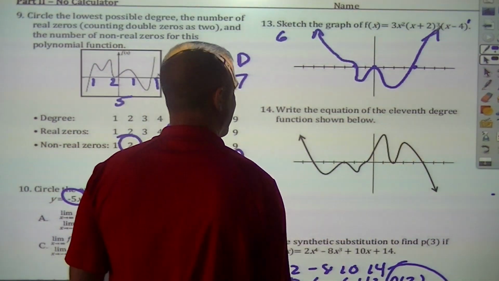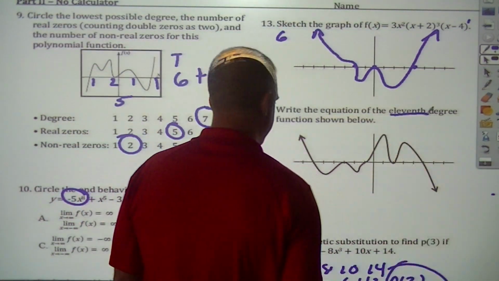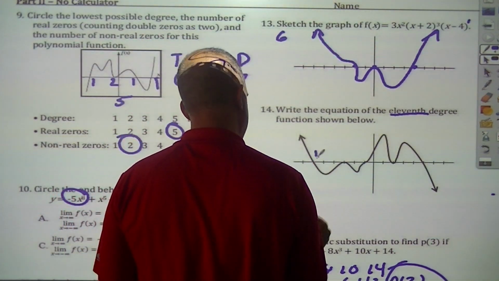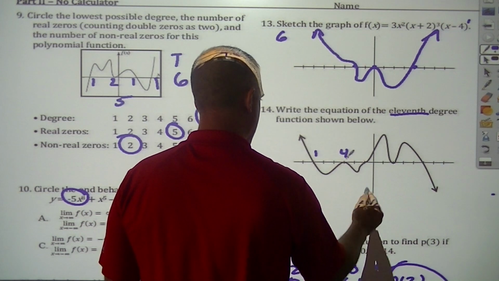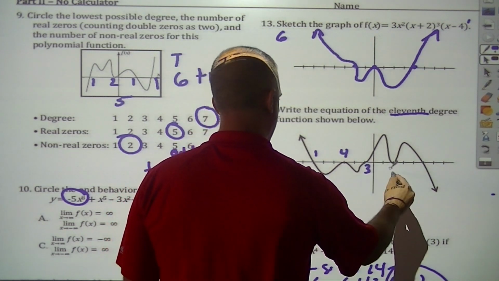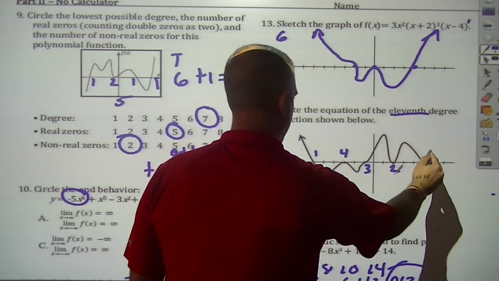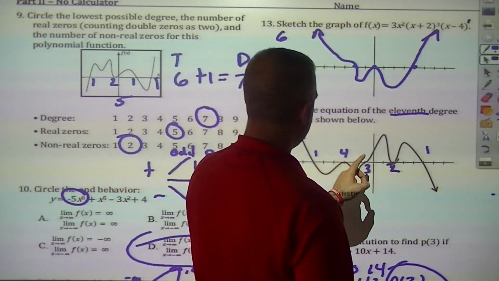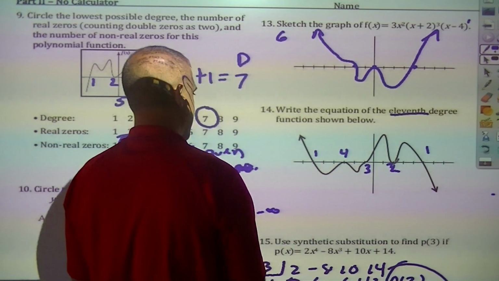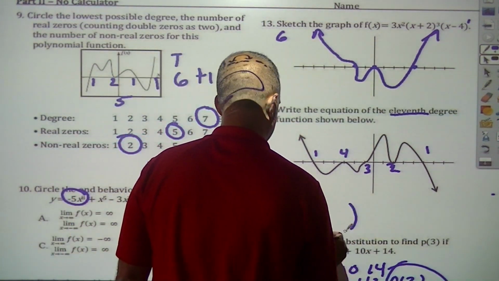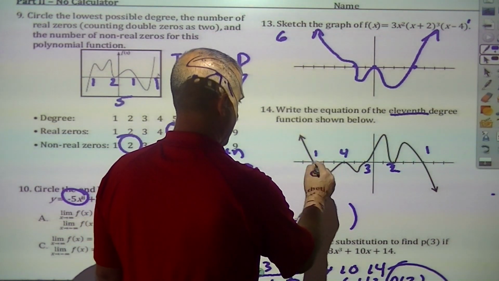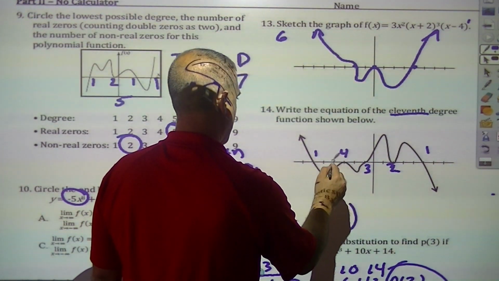Write the equation of the 11th degree. What this would count for is 1, 4, 3, 2, and 1. Let's see if that adds up to 11. 5, 8, 10, 11. Fantastic. So I got my function. This would be 1, 2, 3, 4, 5, 6.